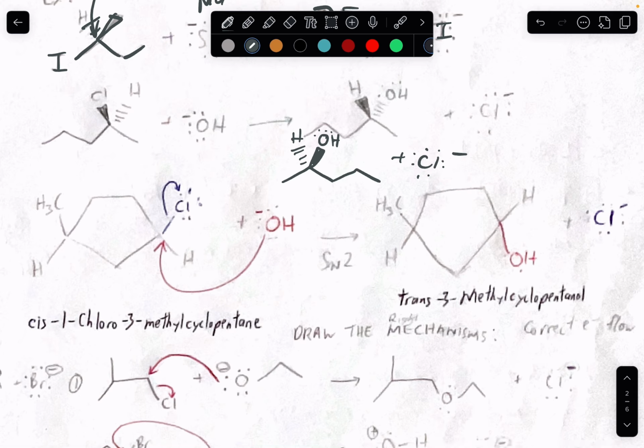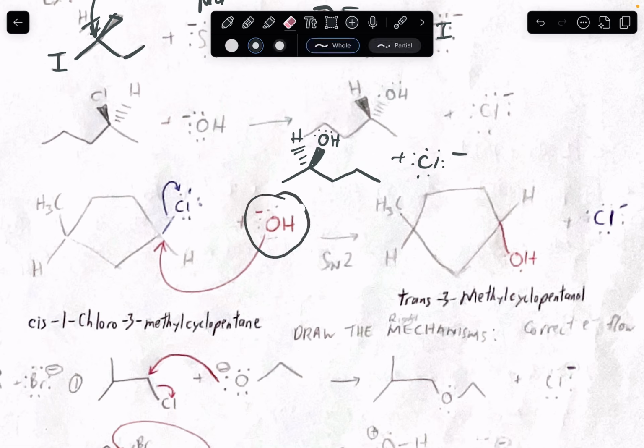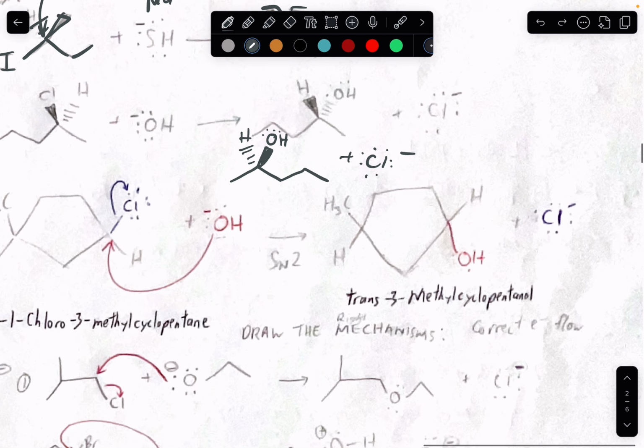Okay, this is something that I don't like. We have the nucleophile, which is hydroxide, and we have chlorine, the leaving group. The nucleophile attacks this carbon, and an arrow goes to the chlorine.